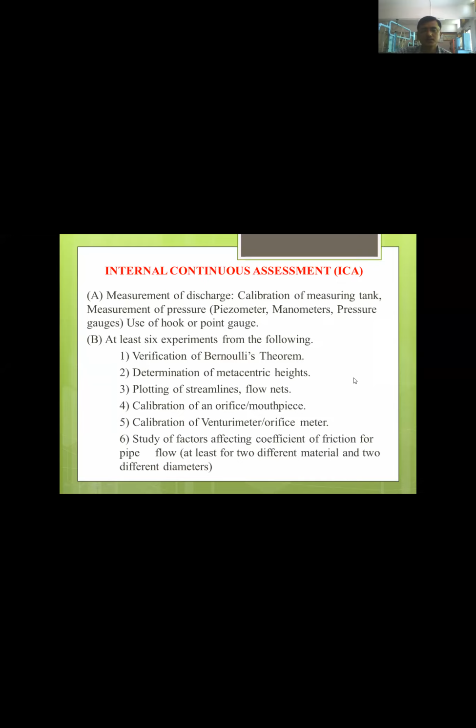So here in our lab, we have this setup to conduct this practical. We have 3 different materials and 3 different diameter pipes, and we are going to find out the coefficient of friction for these 3 pipes. Okay, so these practicals we are going to perform in our lab.